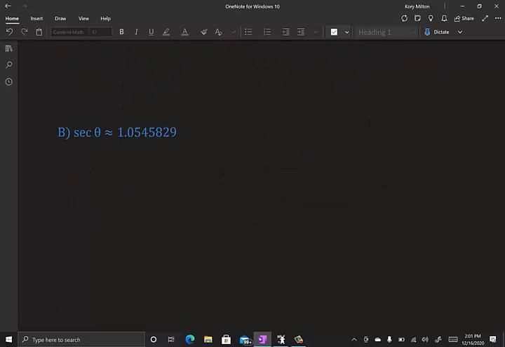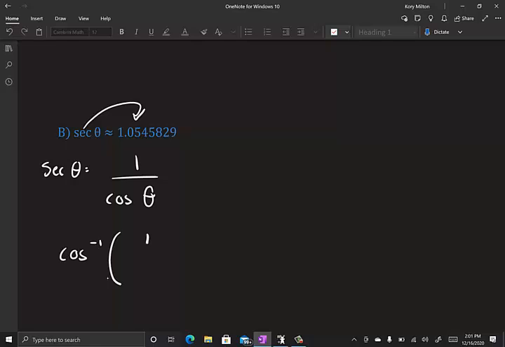Alrighty, part B, we have secant theta is approximately 1.0545829. So secant is not on the calculator. It's not. But we know secant theta is the same thing as 1 over cosine theta. So to plug this into our calculator, we need to do the inverse. We need to move it over. So we need to do the inverse of cosine.